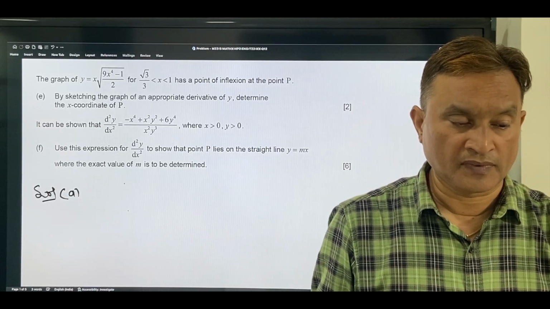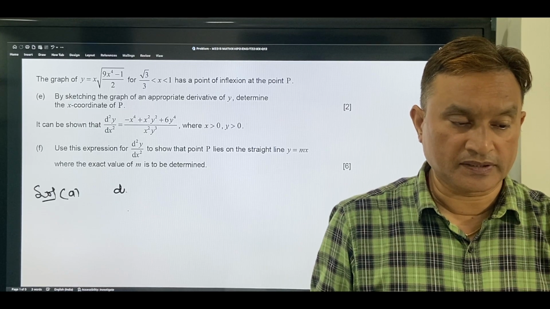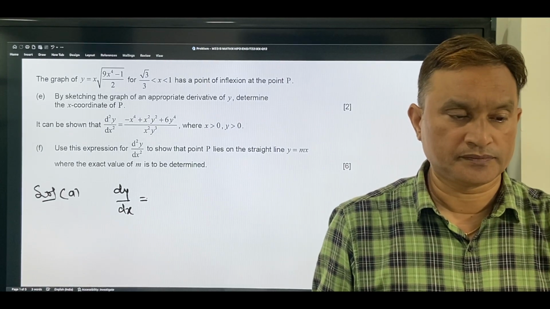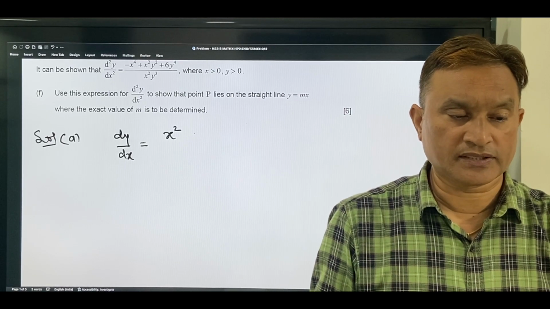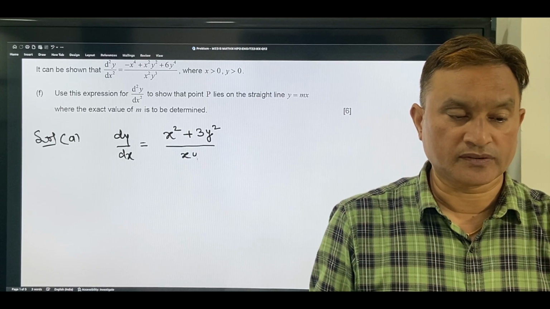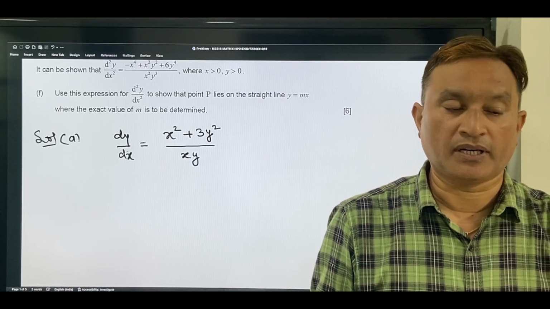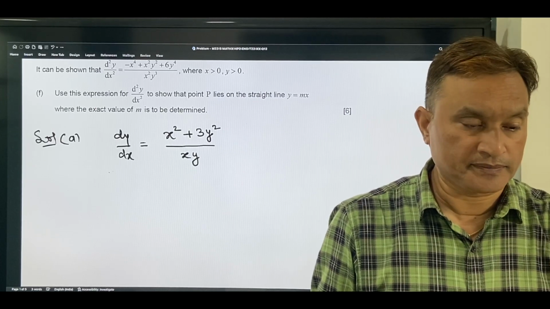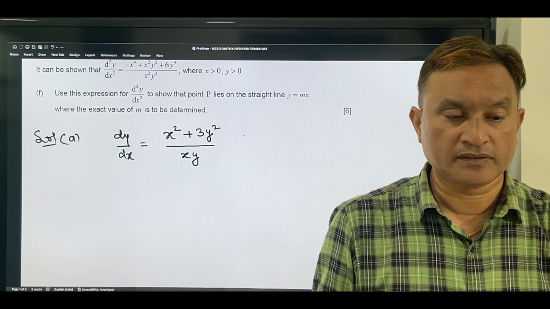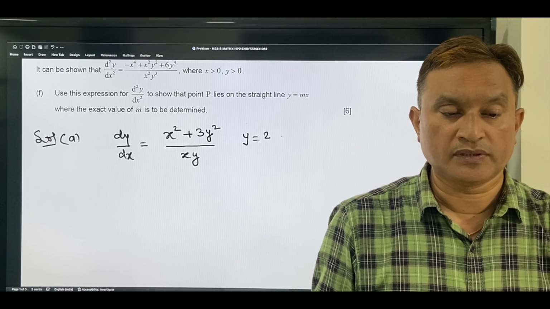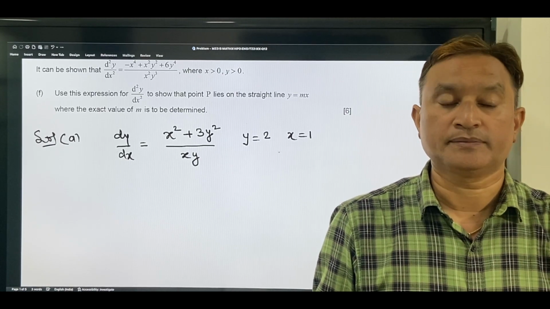Part A, we have the differential equation dy by dx equals (x square plus 3y square) upon x into y. In A part, we have to use Euler's method. The initial values are given here: y equals 2 and x equals 1.